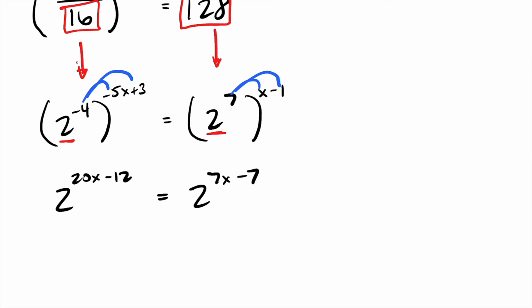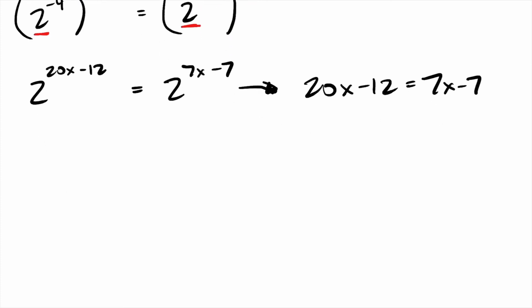The bases are already the same. We know that too. So if the bases are the same, that means the exponents have to be the same as well. Set it equal, or subtract 7x from both sides.